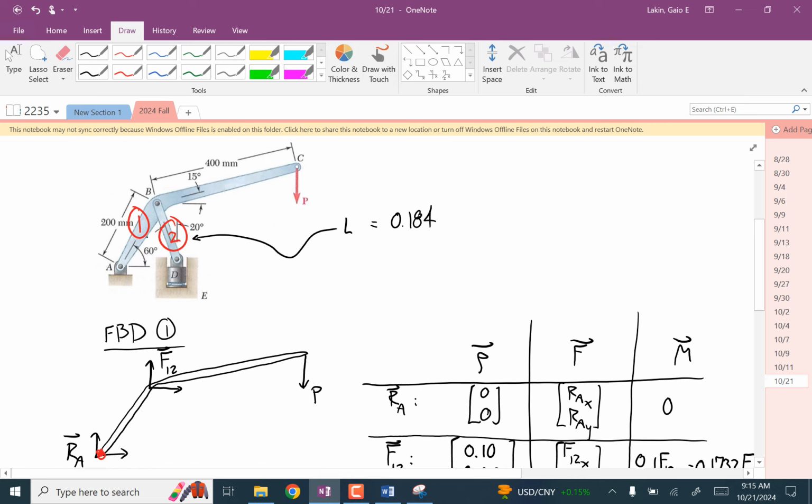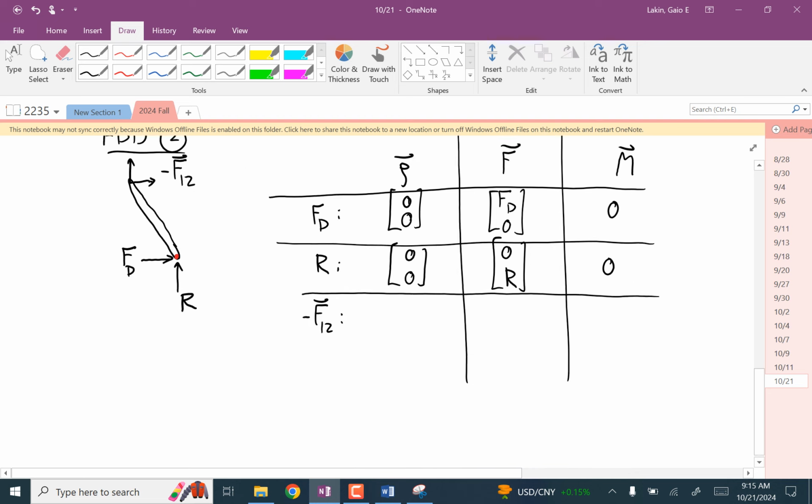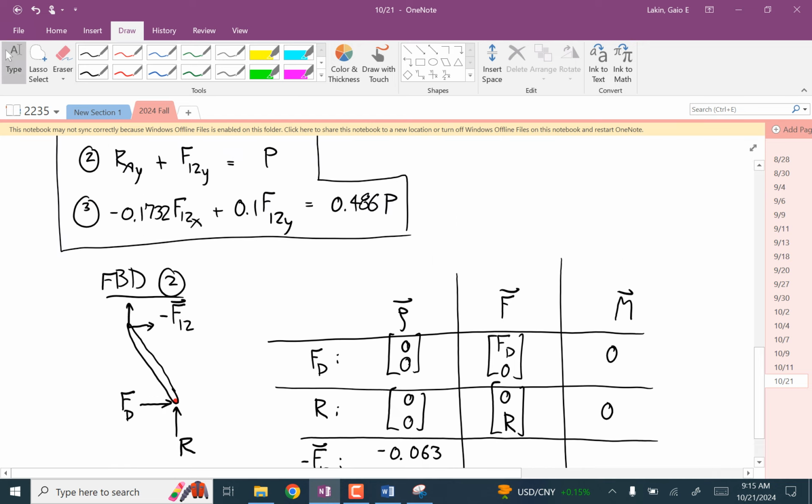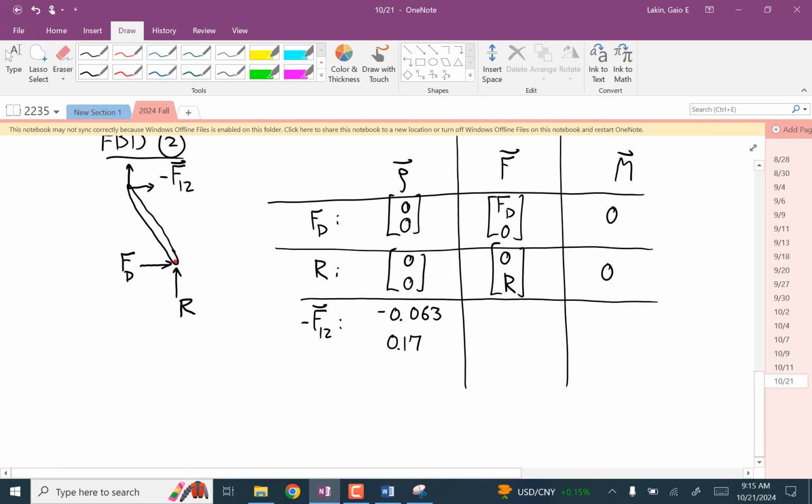And so I get that this row vector is negative 0.063, positive 0.173. Well, that didn't come out right, did it?